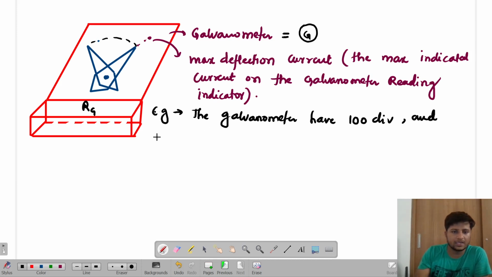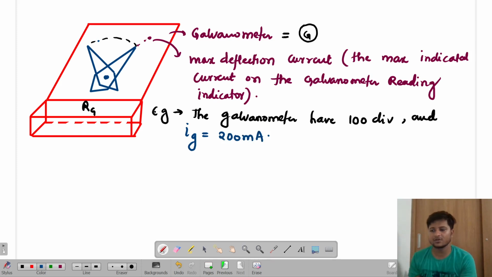Let's suppose the measured current, this Ig, means the deflected maximum current, is 200 milliamperes. Got it or not? So basically, I know this Ig is my maximum deflection current.